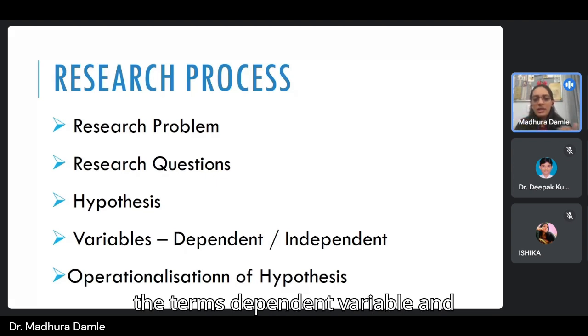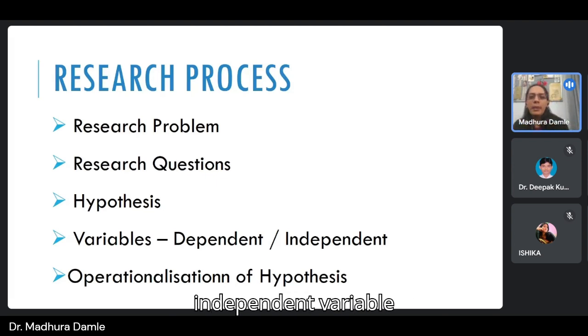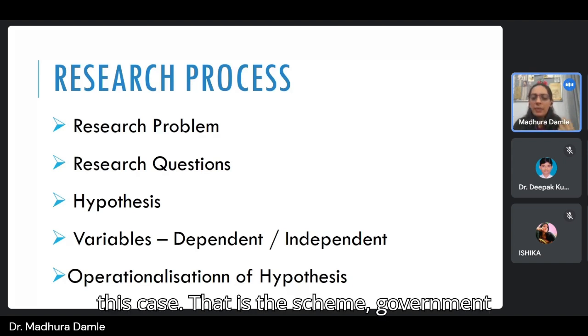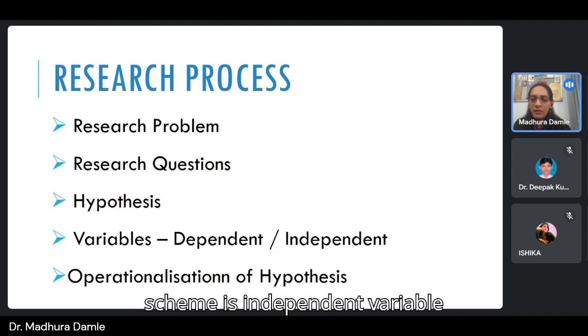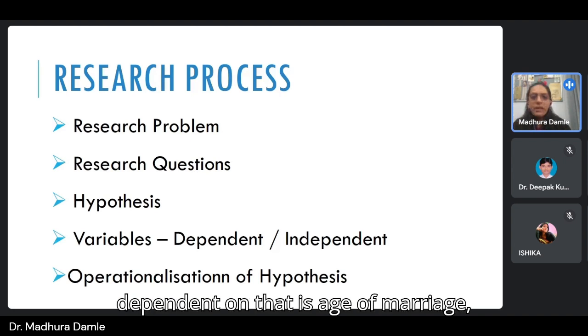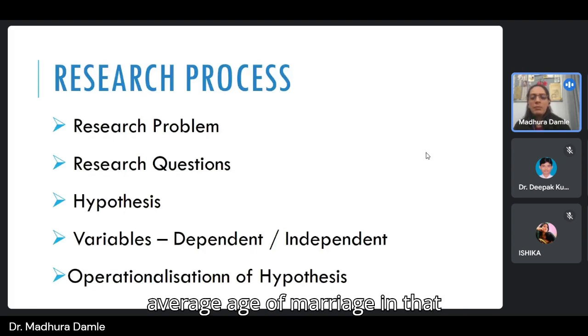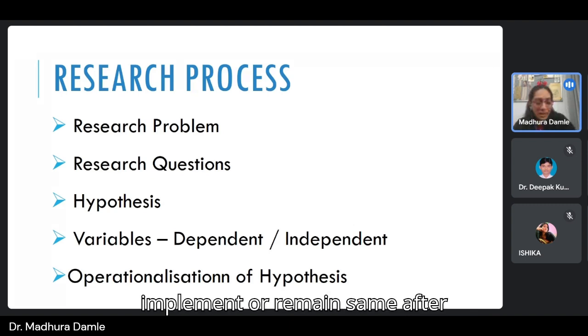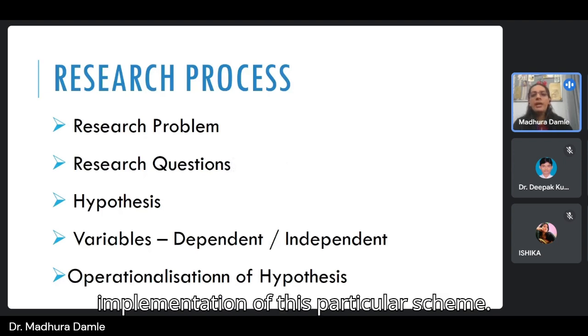So that's why the terms dependent variable and independent variable. Independent is the one, in this case, the government scheme. Dependent on that is the age of marriage, the average age of marriage in that particular area, which might reduce, increase, or remain the same after implementation of this particular scheme.